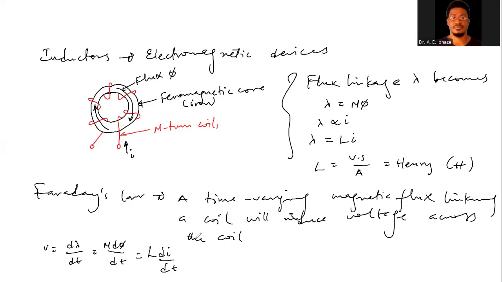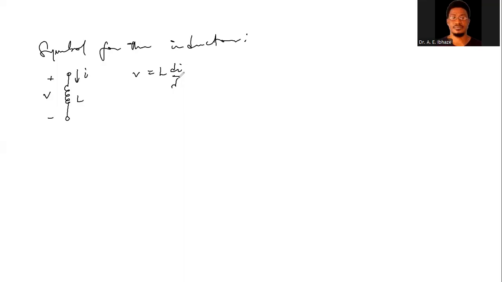So now that we have this going, we can provide the symbol for the inductor. This is L, then we designate the voltage by the polarity and the magnitude v. We already know that voltage is the same as L di dt, based on Faraday's law.